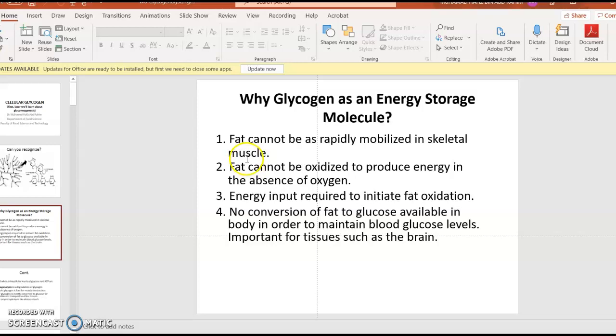But glycogen possesses several advantages compared to fat. The first one is that fat cannot be rapidly mobilized in skeletal muscle. Fat usually will be synthesized in the adipose tissue and also in the liver before it can be used by the muscle cell. But glycogen can be formed in the muscle cell as well, on top of the liver. The liver is the primary place where the glycogen will be formed, but the glycogen in the liver and the glycogen in the muscle are very different.